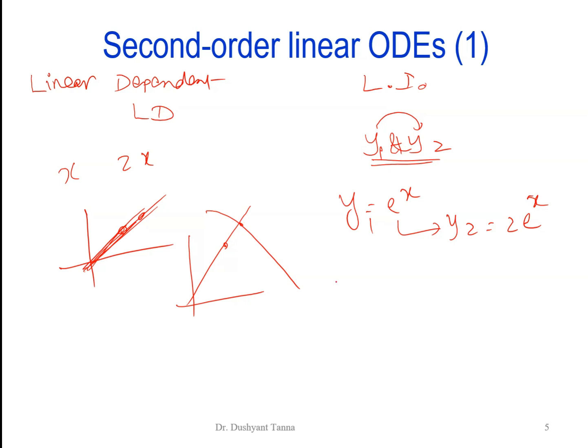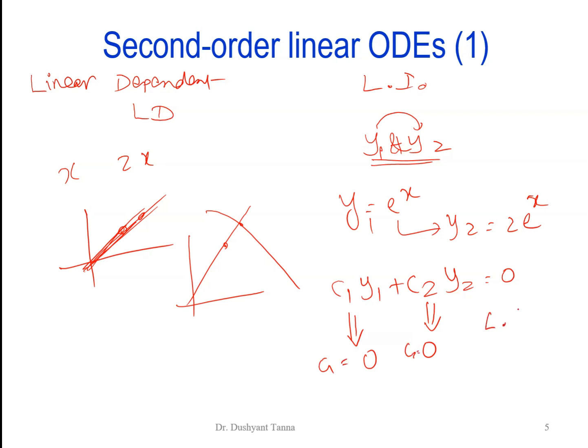Mathematical definition: if you have two solutions y1 and y2 and you write c1 y1 plus c2 y2 equal to 0, this is only possible if c1 is 0 and c2 is 0.